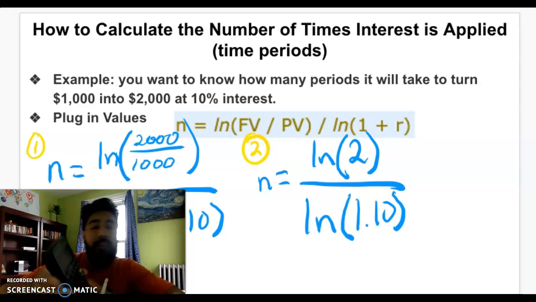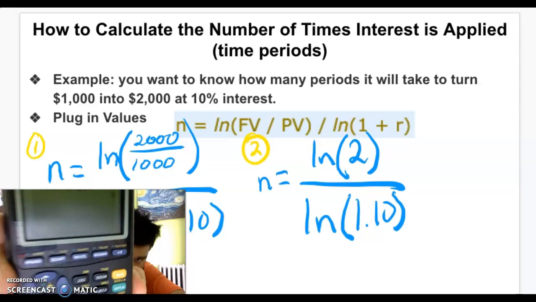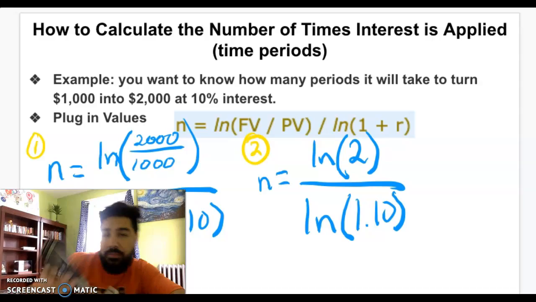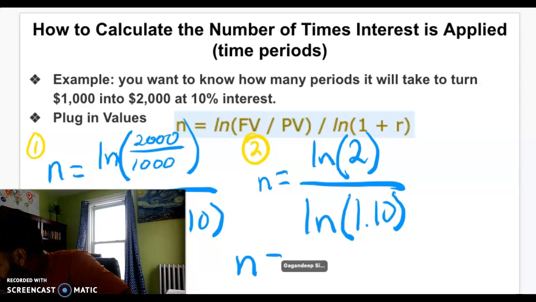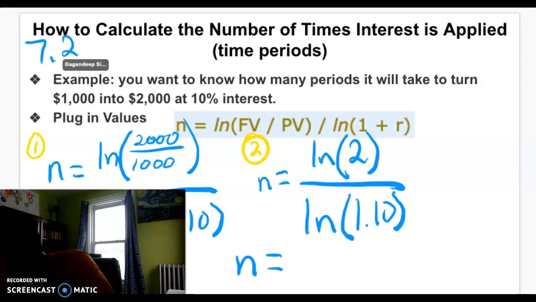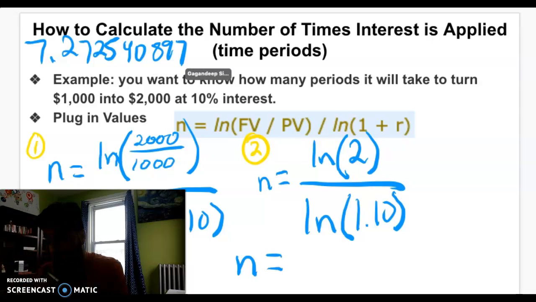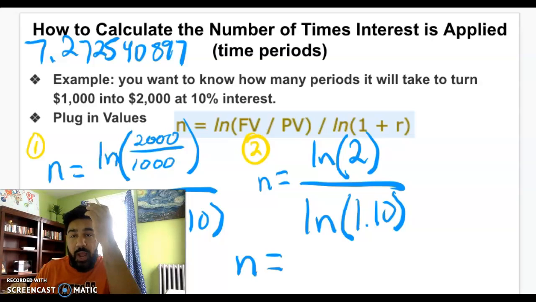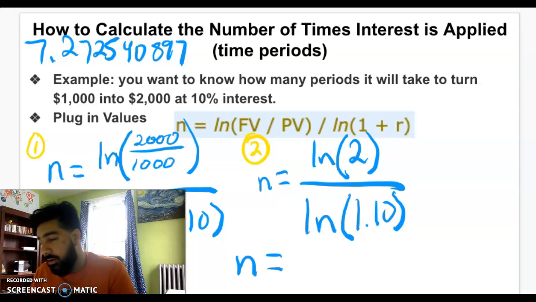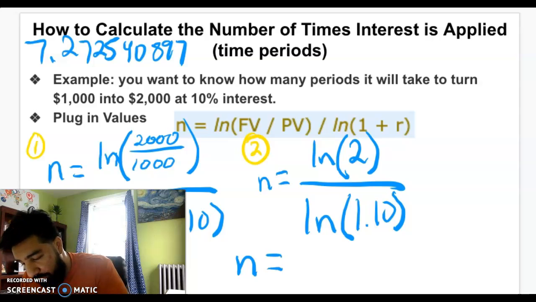As I plug it in, the answer I get is n equals 7.272540897. Again, we're talking about years, so we can round to the nearest hundredth. So that'll be 7.27.